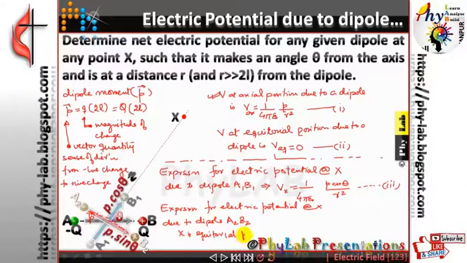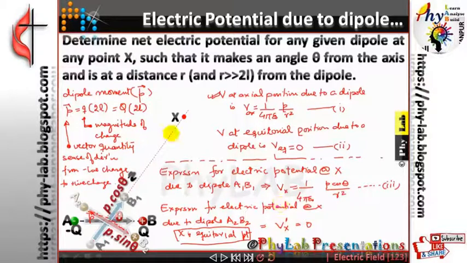So you already know that the electric potential due to any dipole at its equatorial point happens to be 0. So V dash x due to this one will be 0. What is V dash x? It is the electric potential due to the second dipole, or due to dipole A2B2, at point x.